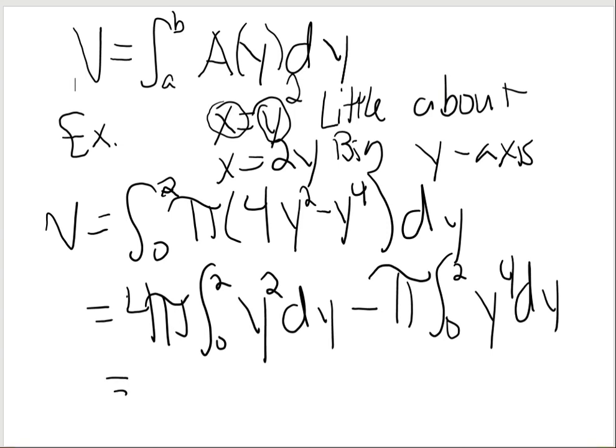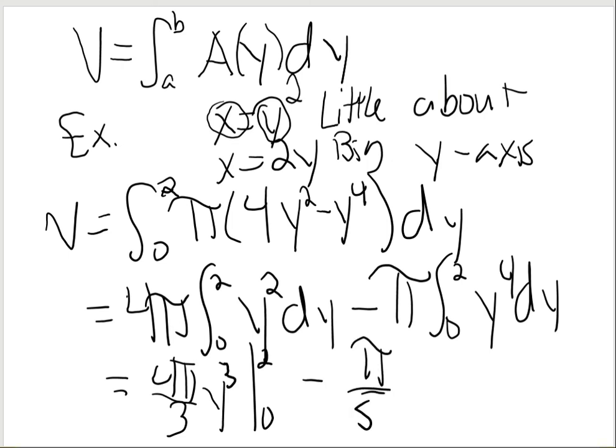Or 4 pi over 3 y cubed from 0 to 2 minus pi over 5 y to the 5th from 0 to 2. And this is when you start to pull out those calculators, because 2 to the 5th is not something you might be able to do in your head, but that is 32.